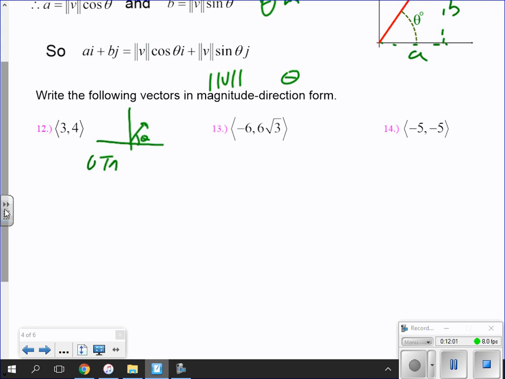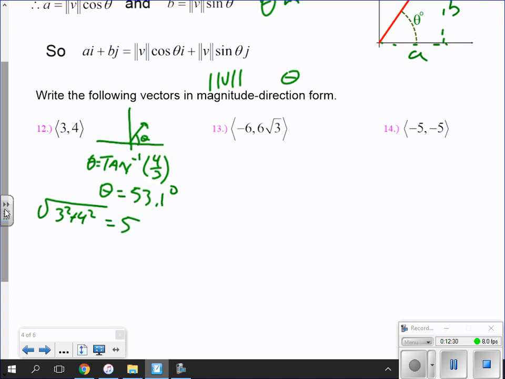So theta is equal to the inverse tangent of 4/3. So theta equals 53.1 degrees. Use your calculator, set that up and do that one. And the magnitude on this one is actually very easy. Magnitude is the square root of 3 squared plus 4 squared, which is 5.